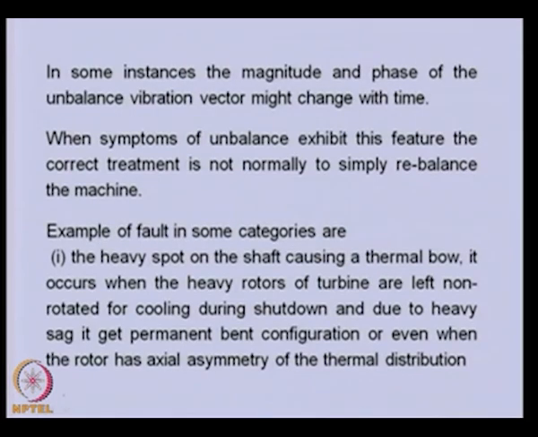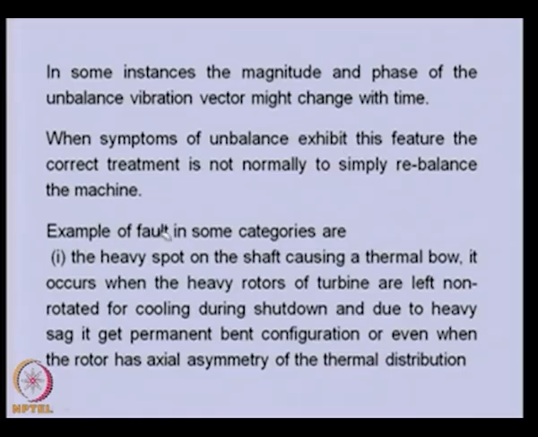In some instances, the magnitude and the phase of the unbalanced vibration vector might change with time. When the symptom of unbalance exhibits this feature, the correct treatment is not normally to simply rebalance the machine. So, if the magnitude and phase of the unbalanced vibration is changing with time, then it is not a balancing problem, that is a different problem.